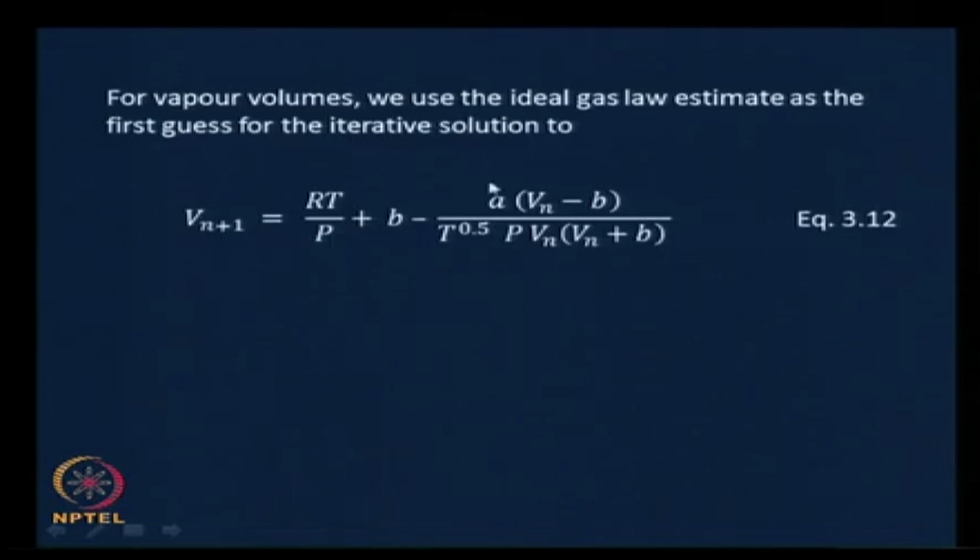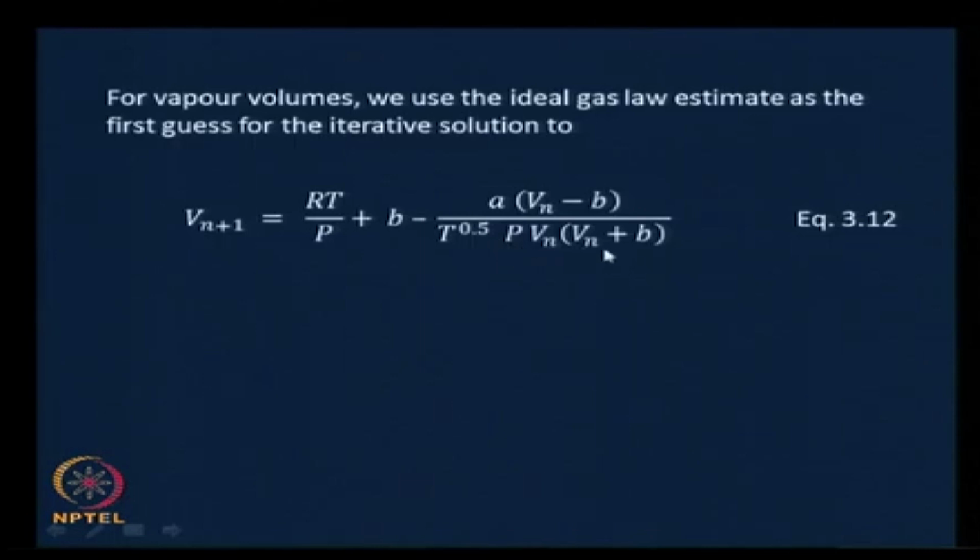This is the iterative form that we found to be most useful for finding the vapor volumes: V(n+1) equals RT/P plus B minus A(Vn minus B) divided by T^0.5 P Vn (Vn plus B).